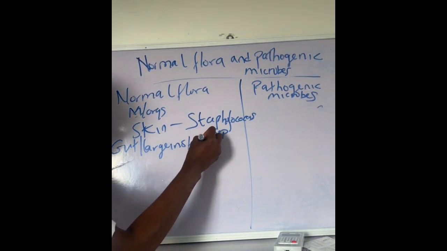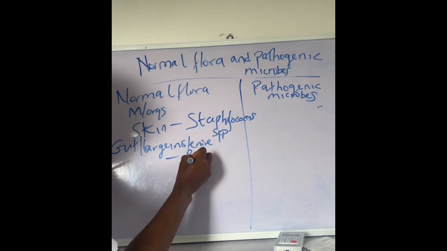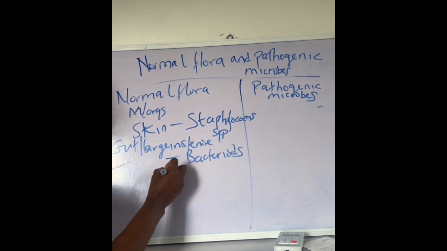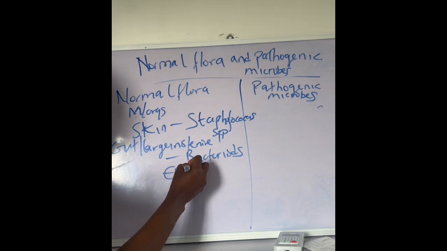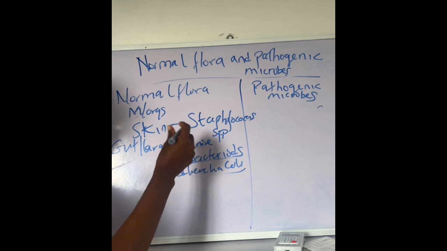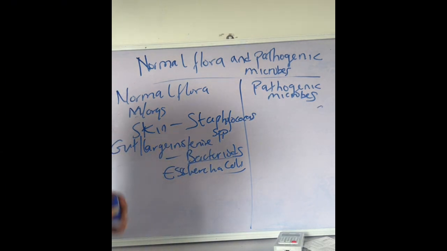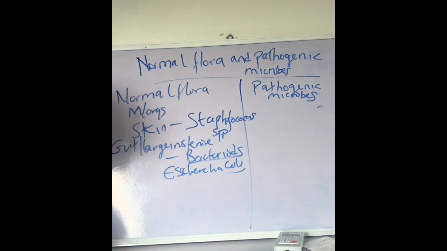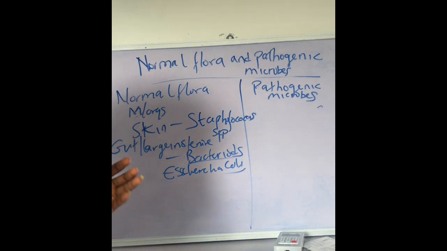Some of the species you can find here are Bacteroides and Escherichia coli. These are some of the organisms that live in this area. When I say anatomical site, I simply mean organisms that you can naturally find in this area. If you culture your skin, you can find Staphylococcus species.